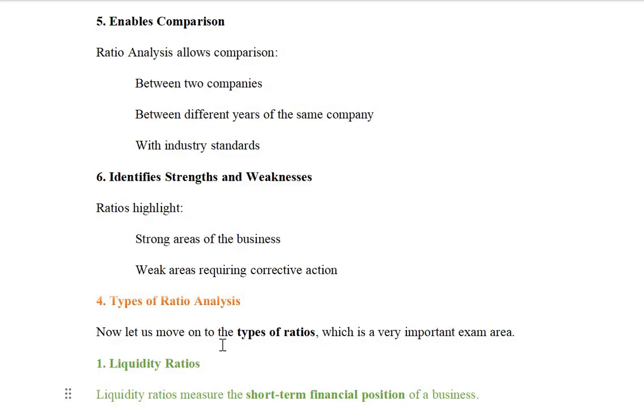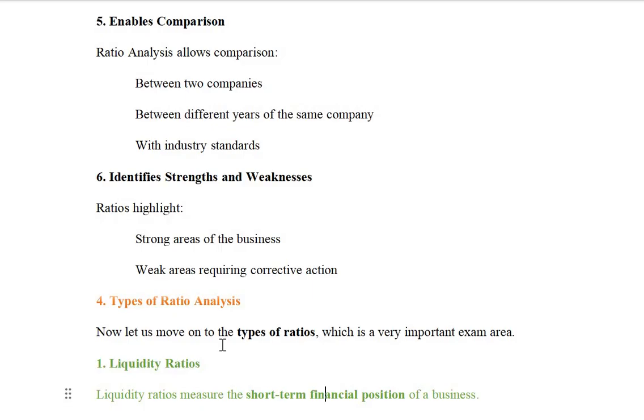Based on that, the business can know where they are strong, where they are weak, and what type of corrective action to take in order to overcome those weaknesses. So these are the various important needs of using ratios as one of the analyses of the financial statement.